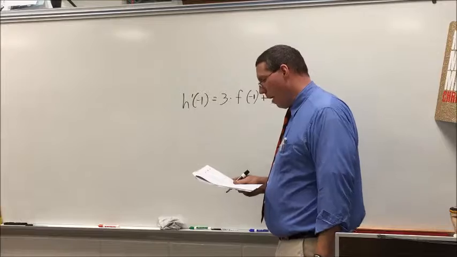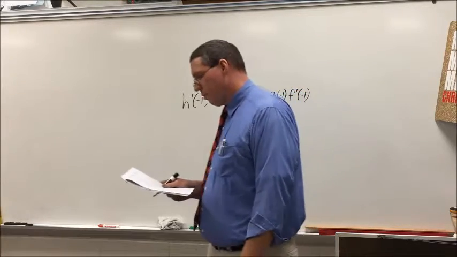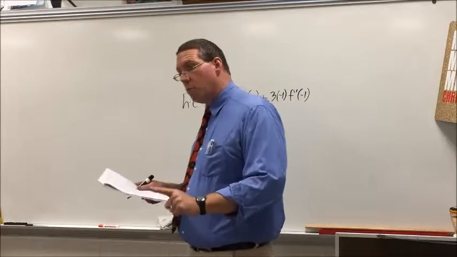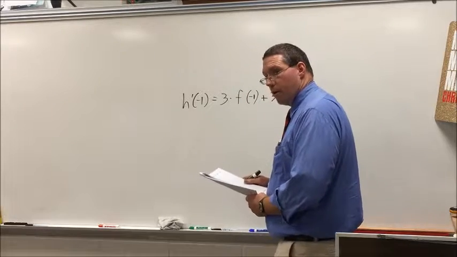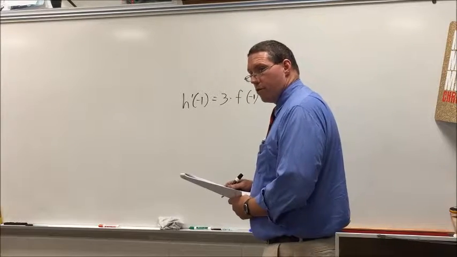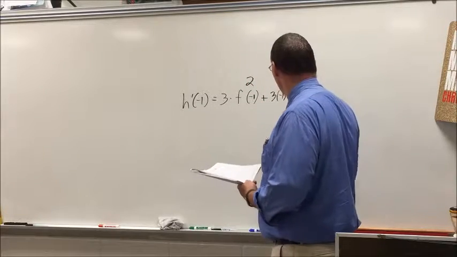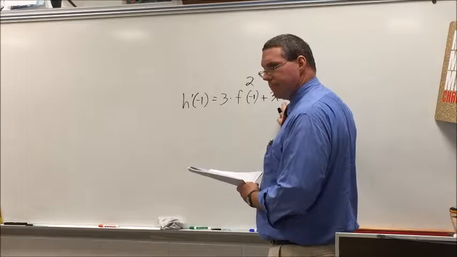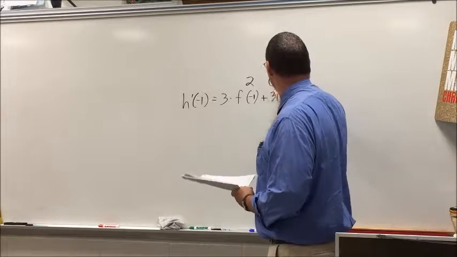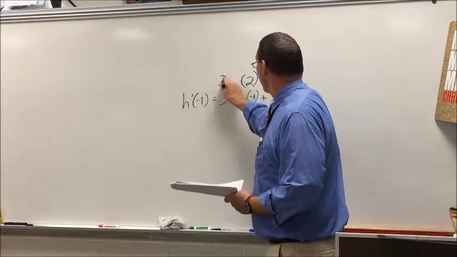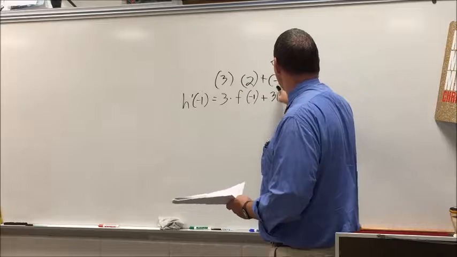It says y equals f of x is the particular solution through the point -1 and 2. So it's 2. What's 3 times -1? -3. So we'll put parentheses around all these things. So I got 3 times 2 plus -3.